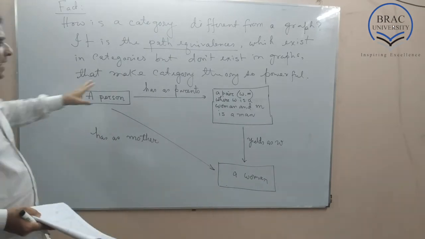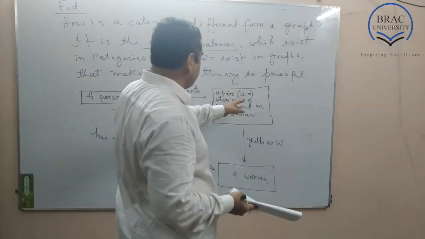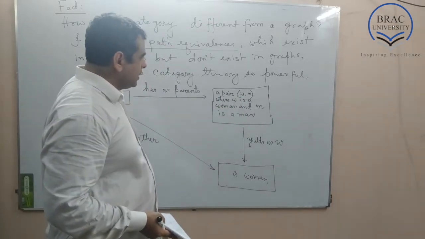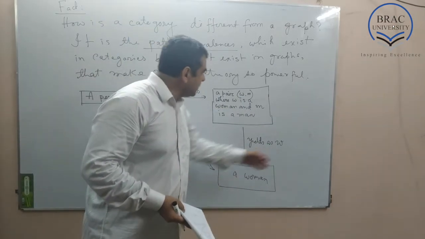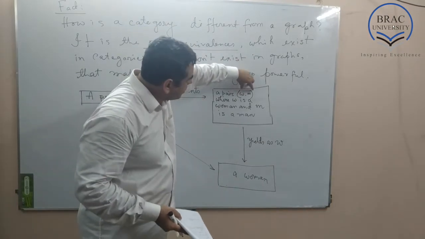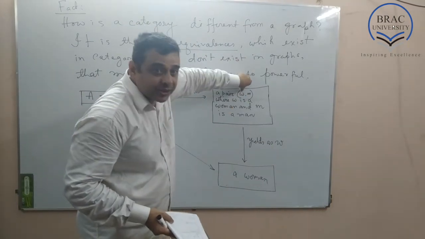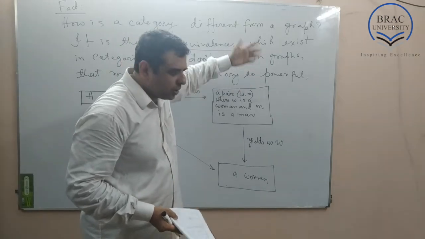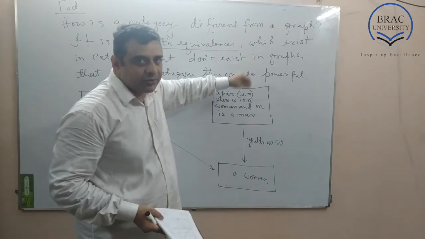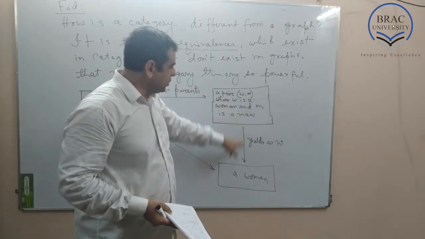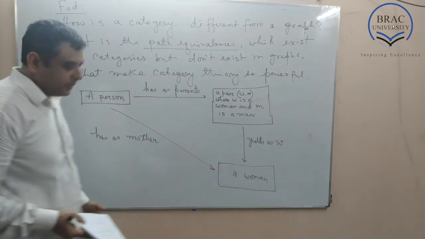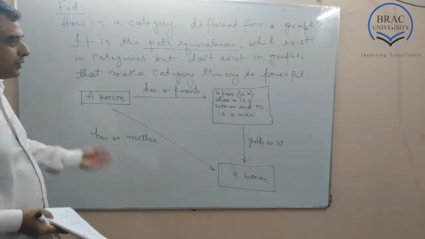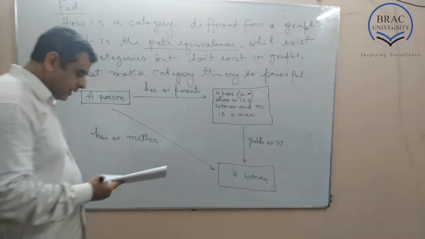A person has as parents W, M, where W is a woman and M is a man. And here "gives as W" means this sort of projection from this pair to the first entry. One can easily check that it reflects a functional relationship.